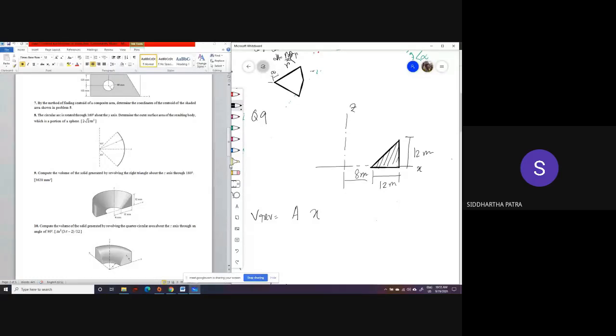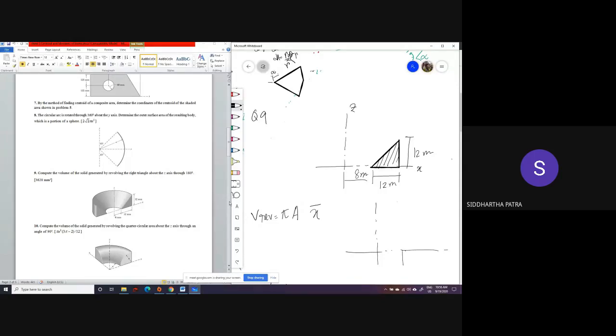So you need x bar and the angle, which in this case is phi. You can calculate the area centroid. I think by this time you already know it would be 2/3 away from the vertex.